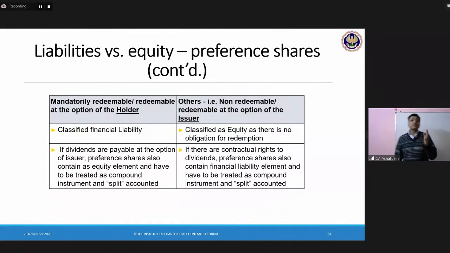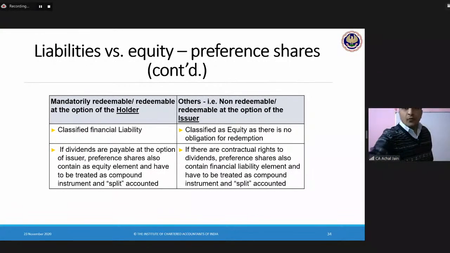So four situations have been discussed, and here again you may ask: sir, how can preference shares be non-redeemable? Is it legally permitted? As I told you, when we discuss these examples, you should ignore any legal challenge, because our focus is only on accounting.